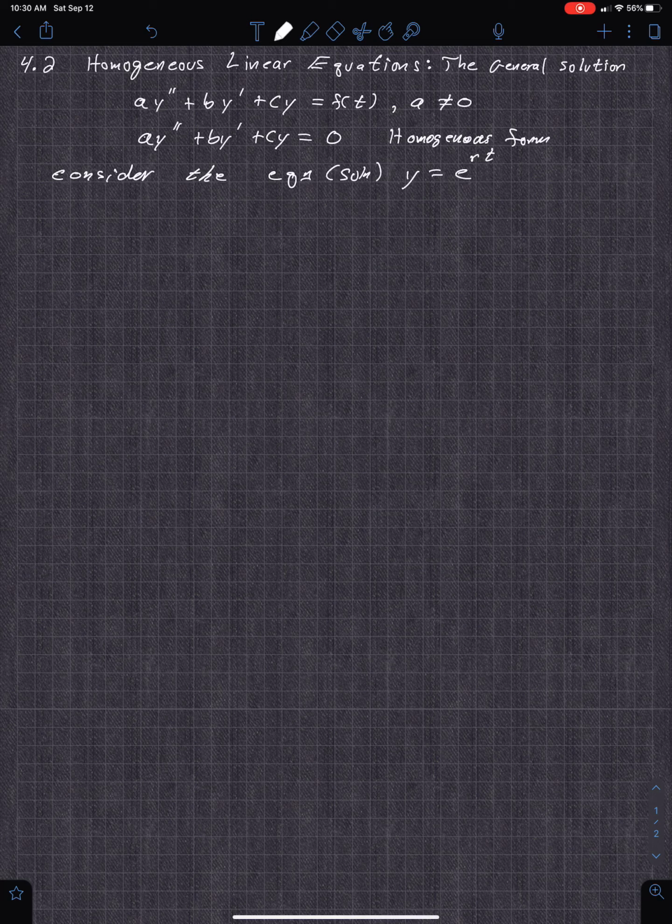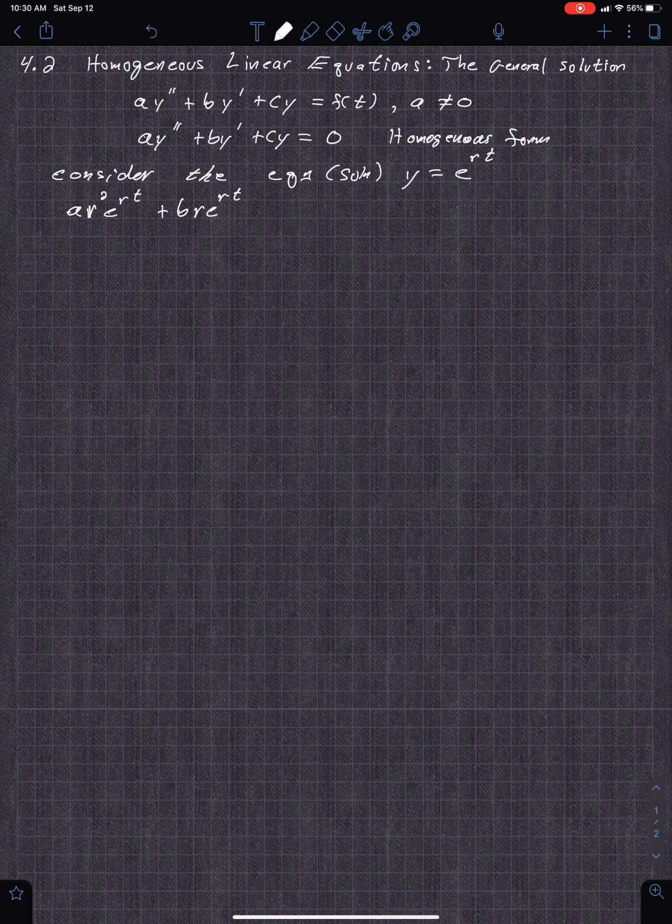It's kind of a strange way to start, but that's how it works. So if you substitute that in, take a second to make sure this works, but you get r squared e to the rt as the double prime, plus b r e to the rt for the first derivative, right?